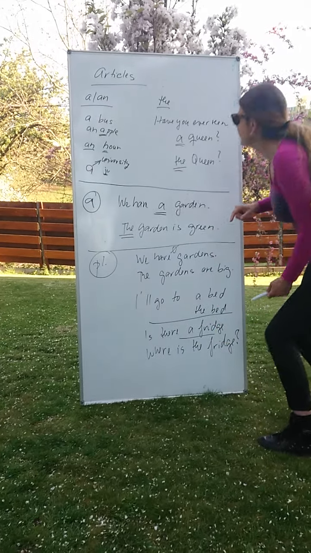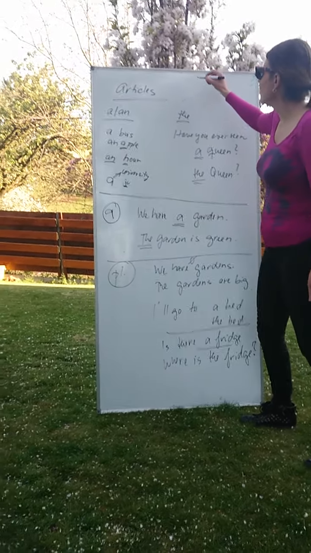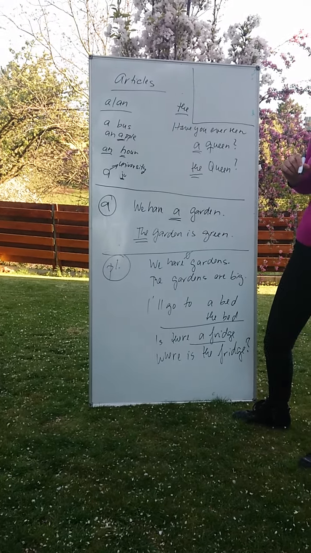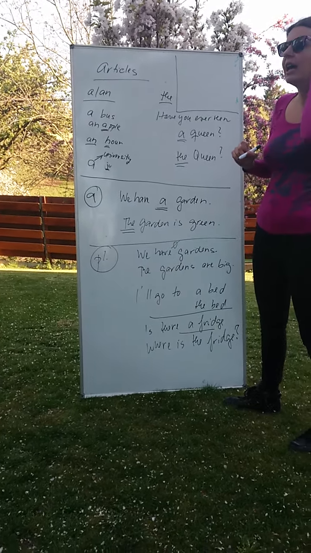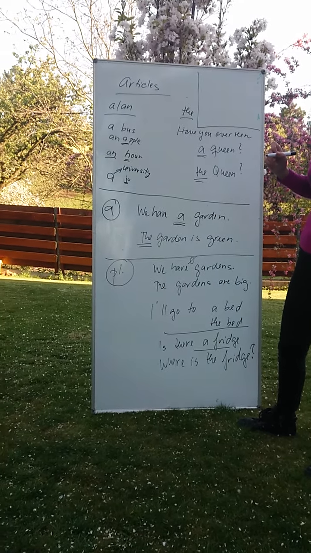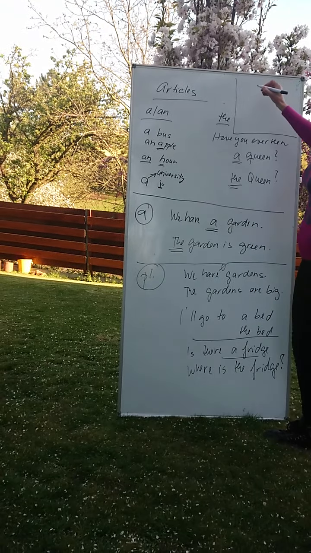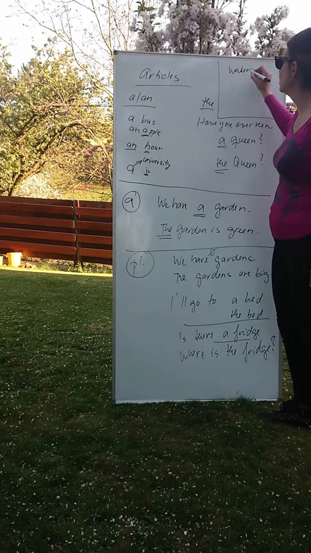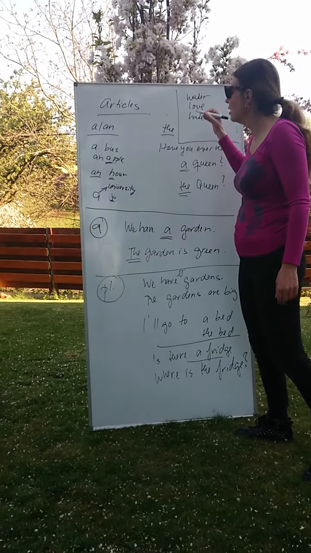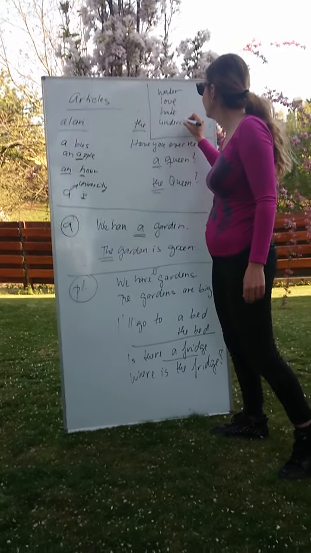What is important to say, the very last thing, is that there is a group of words which will never ever have the a article, the indefinite article, and it's all these abstract words which don't have a plural, meaning uncountable words. Things like water, but also love, hate, understanding.